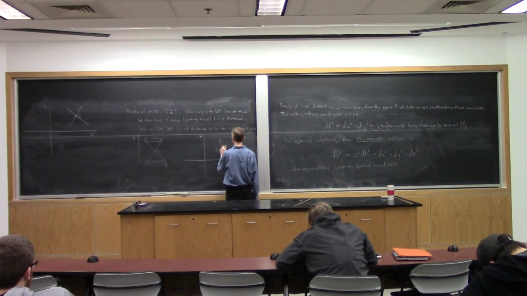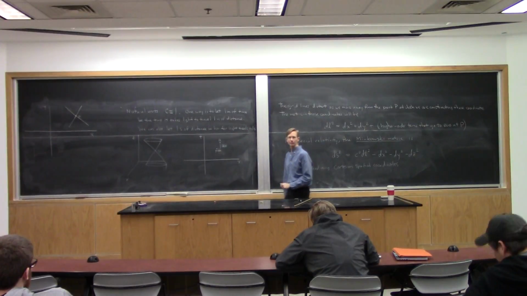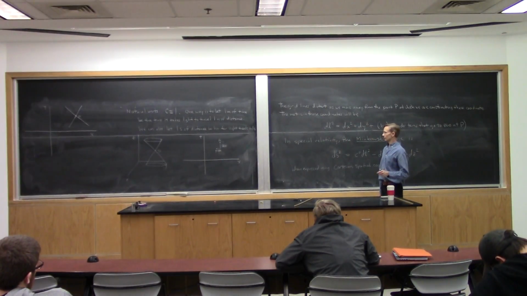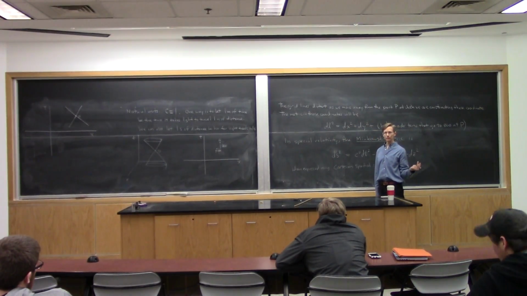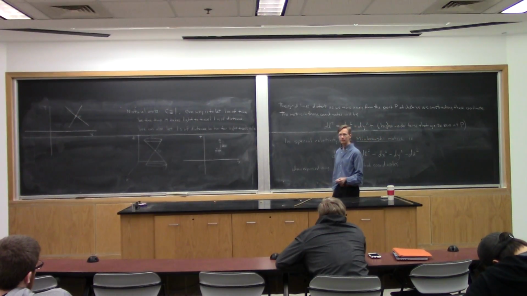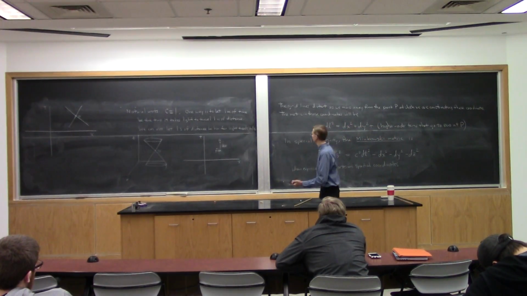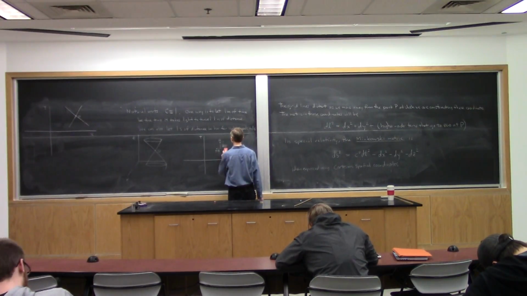Actually, for now, just let it be delta x and delta t between them. In other words, there's a time interval delta t between those events and a distance interval delta x between those events.